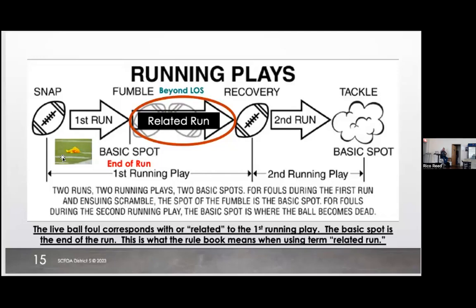Then Doug picks up the ball and goes for a touchdown, just running down the field. Doug's running play is running play number 2. Demery's running play is number 1. Rico's foul occurred during running play 1.